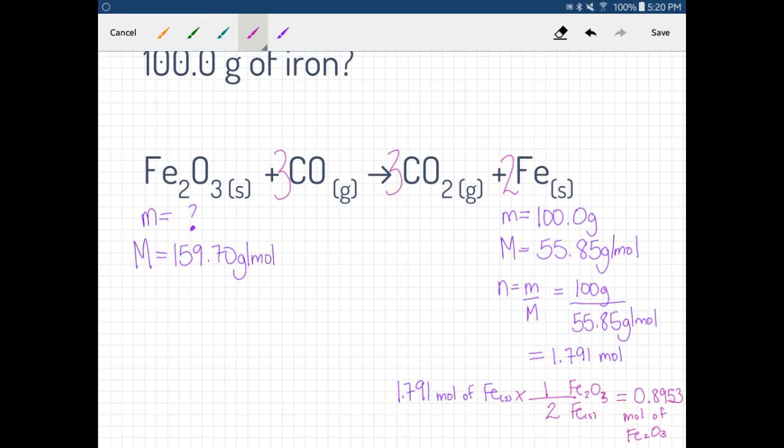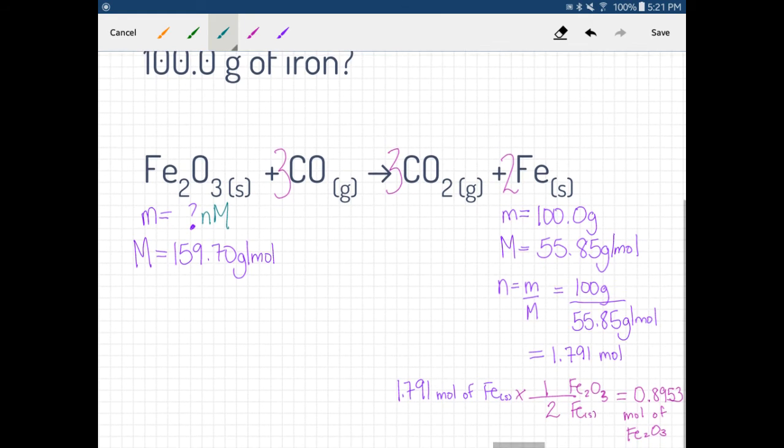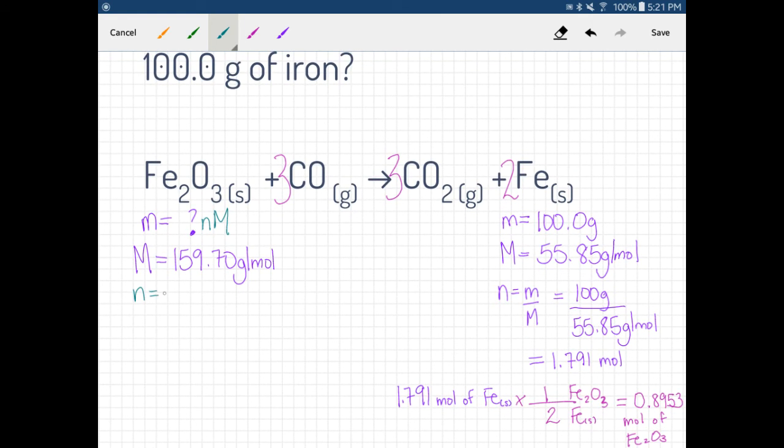Now I'm looking for my mass, so because I'm looking for my mass, I jump back over here. My mass is equal to my moles times my molar mass, and my moles I've now calculated to be 0.8953 moles.